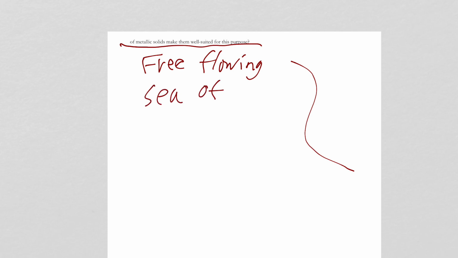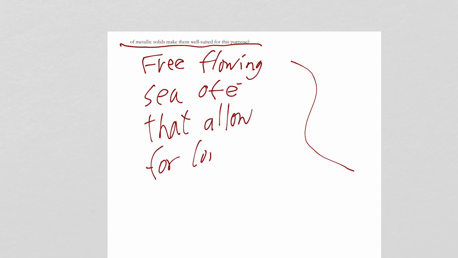Well, they have a free-flowing sea of electrons that allows for conductivity. That is one of the reasons for conduction, if you will. It allows electrons to freely move around and move from one location to another.